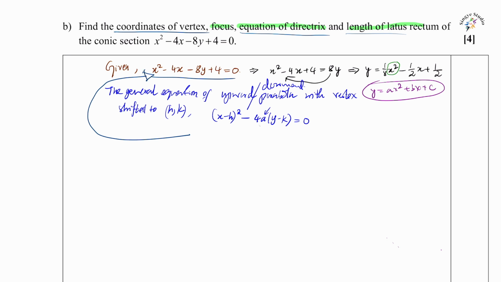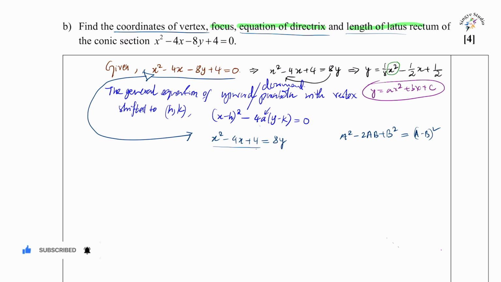If you see very carefully, we can write this as x squared minus 4x plus 4 equals positive 8y. And this is in the form a squared minus 2ab plus b squared, which can be written as a minus b the whole squared.